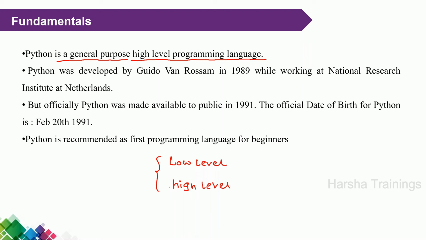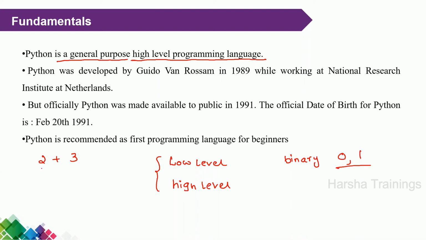Coming to the point of the computer, a computer can understand only binary language. Binary in the sense everything is written in terms of zeros and ones. Each and every statement is written in terms of zeros and ones. For example, if you want to perform addition of two numbers, how are the numbers stored in computer format?